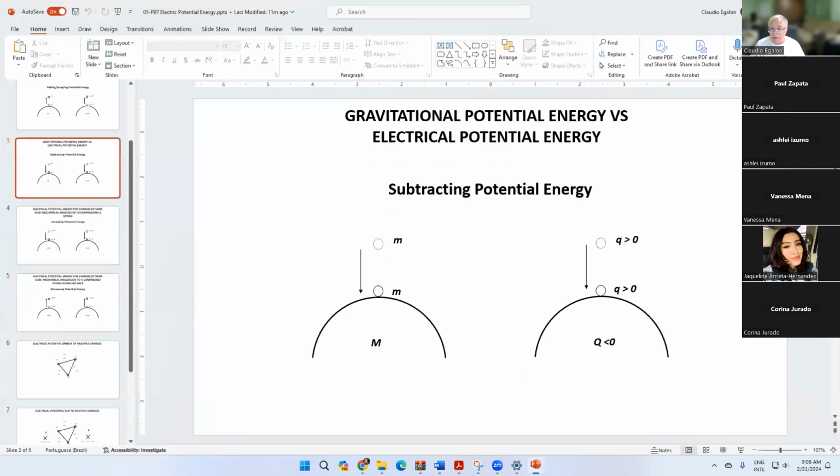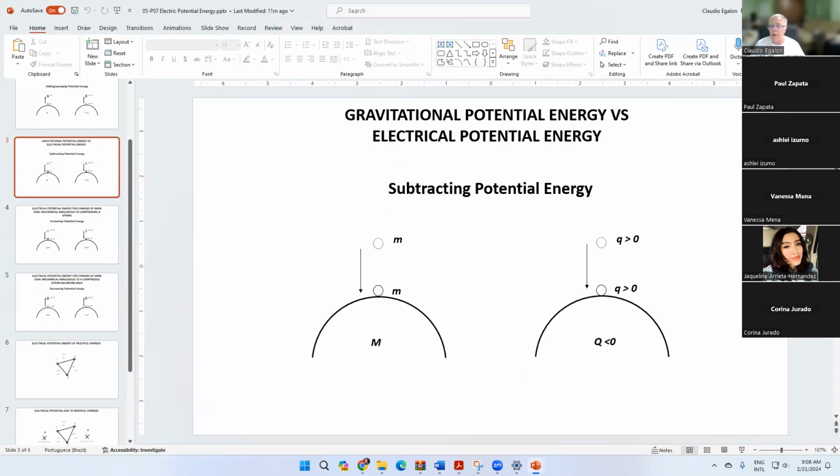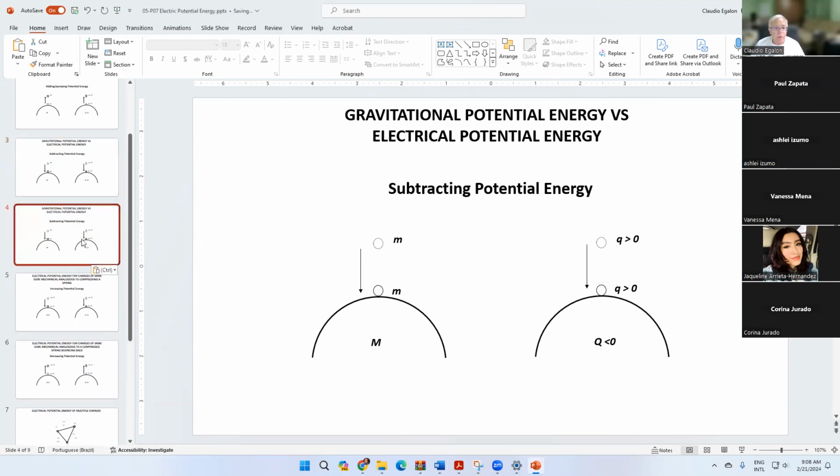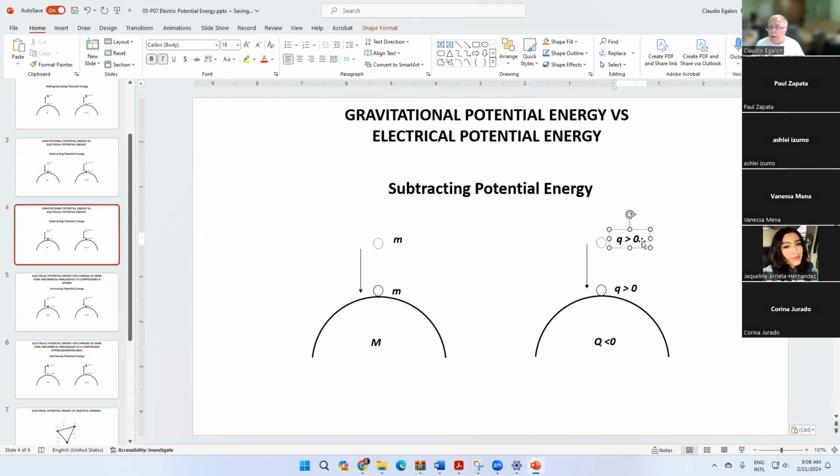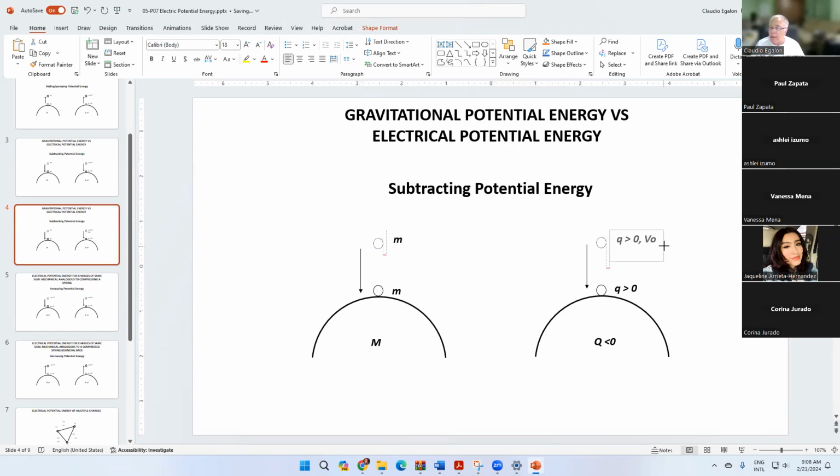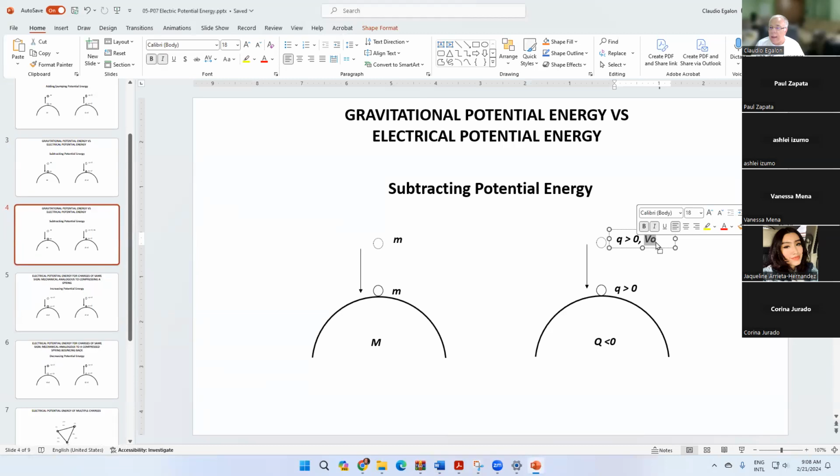So for this specific situation, I'm going to copy and paste. Okay, so here you go. The situation is going to be somewhat like that. Not only do you have a charge Q, but at this spot, the charge Q will have an electric potential V naught.